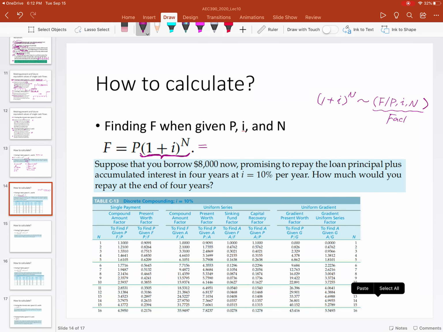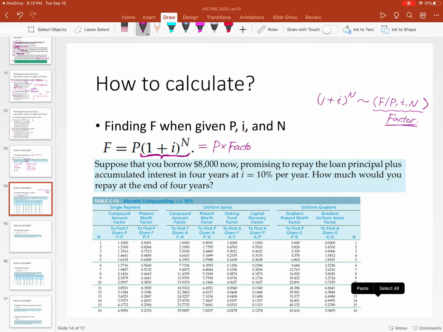And if you give it a parenthesis outside, this becomes a factor to use to calculate the F using this table without any manual calculation, like to the power of n, something like that, okay? So this is another approach. We just call it factor approach or table approach, okay?